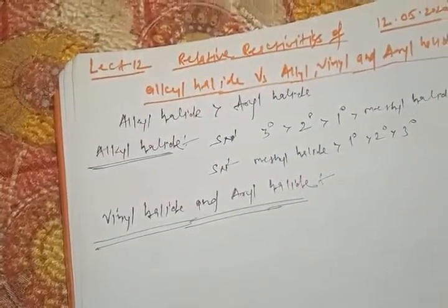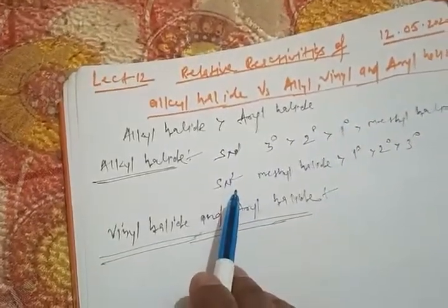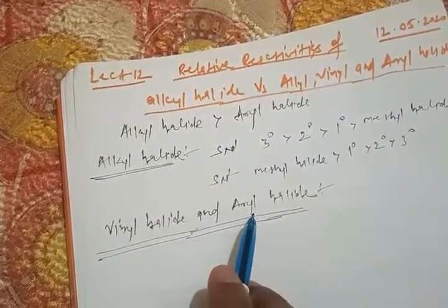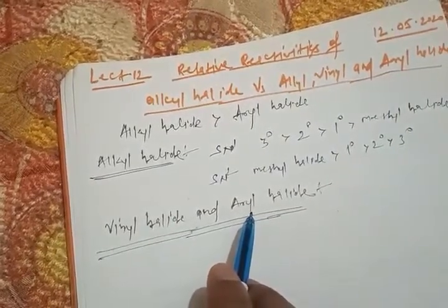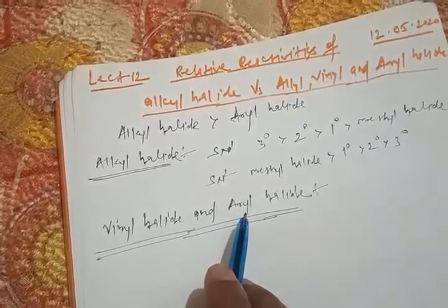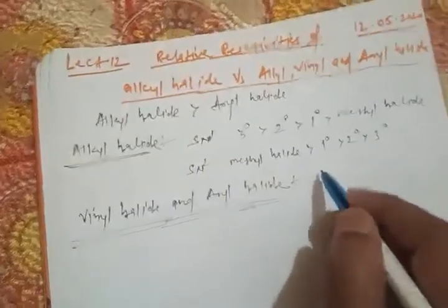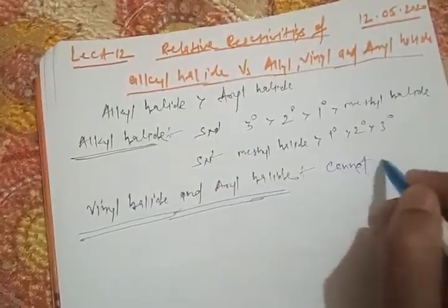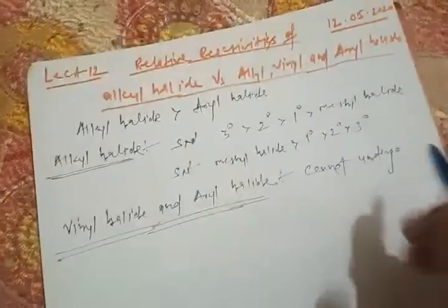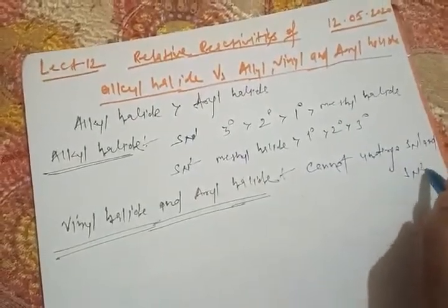As we know, alkyl halide goes for SN1 and SN2 reactions, but vinyl halide and aryl halide are both not capable of showing SN1 and SN2 reactions. They cannot undergo SN1 and SN2.